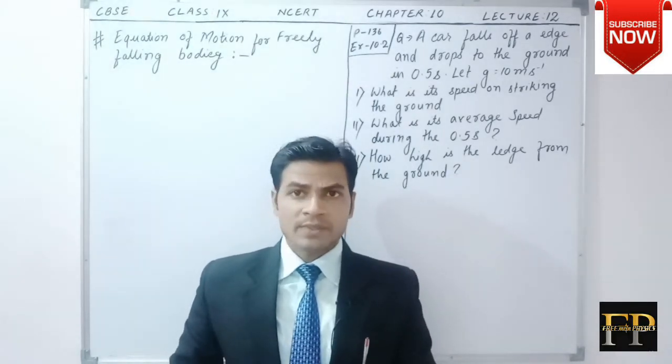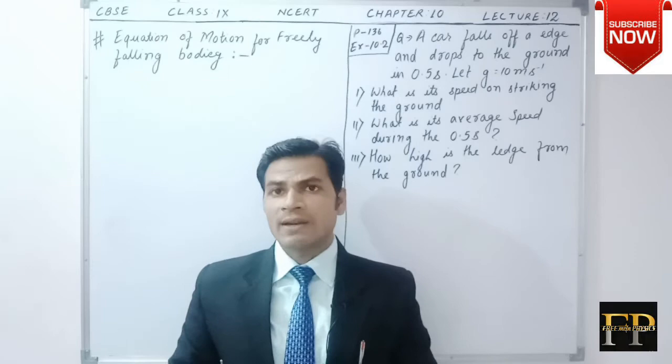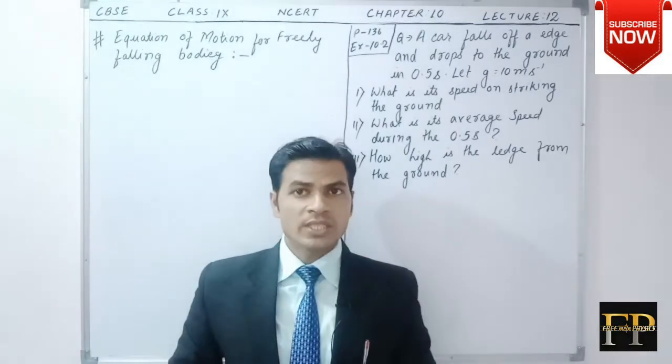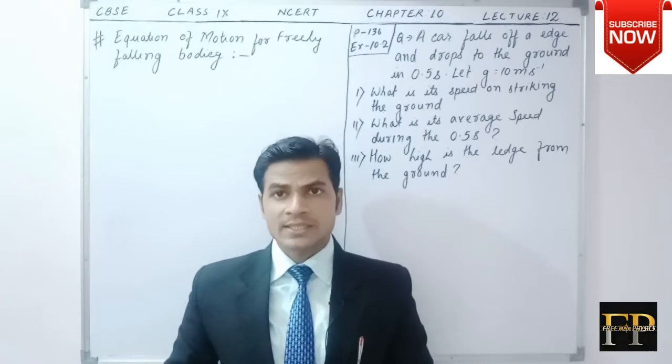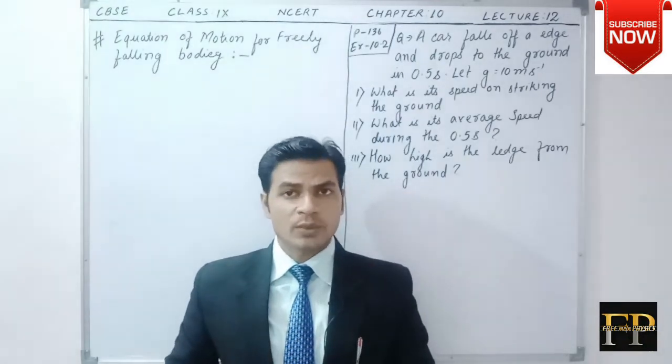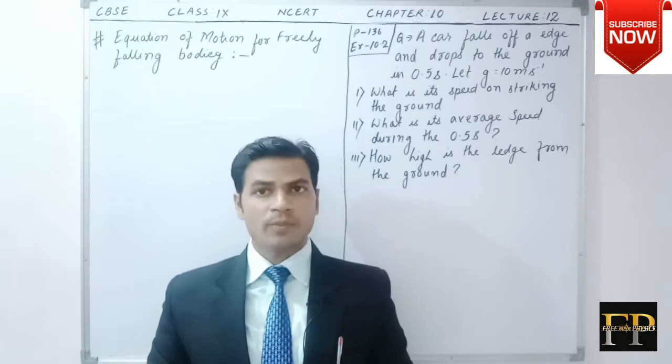Students, in chapter 1, Motion, we have already studied the equations of motion with their proofs, and today we will talk about the equations of motion of free falling bodies.